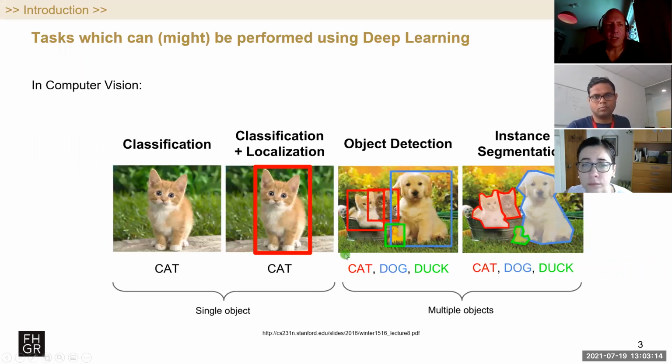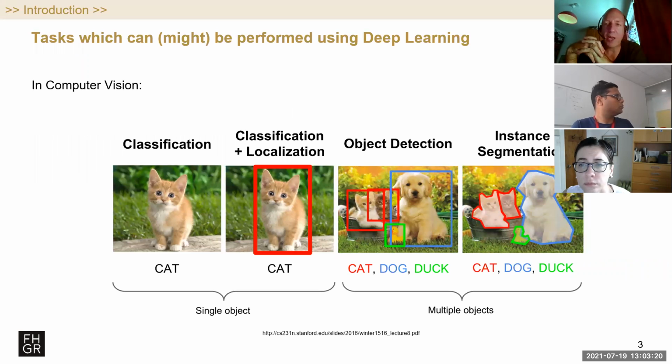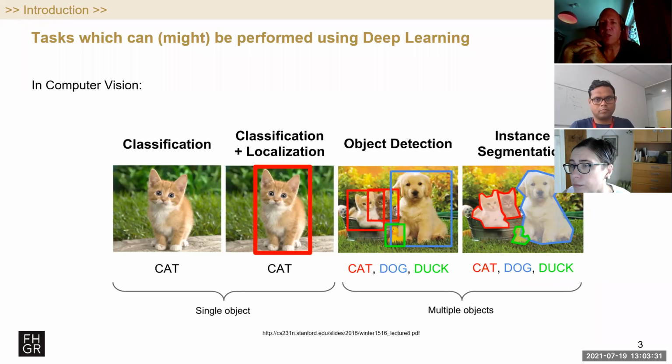So what has deep learning been used for? Of course, it's coming from computer vision, and if you've had a chance to drive an autonomous vehicle, then of course you have come across the tremendous progress that we have seen in deep learning for image analysis.